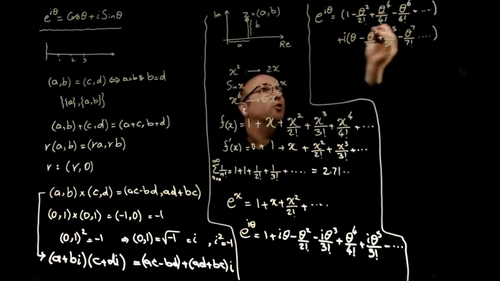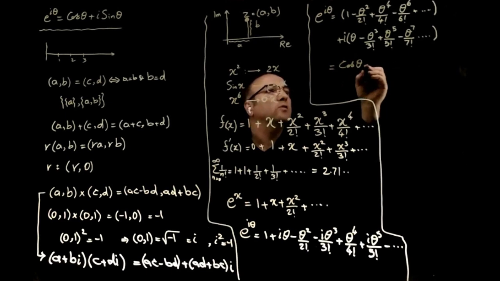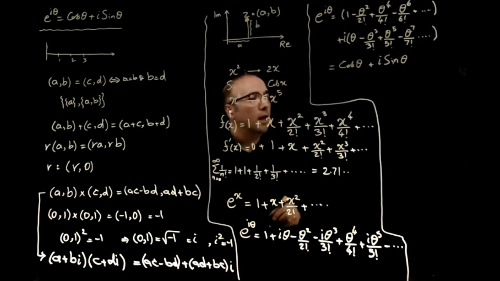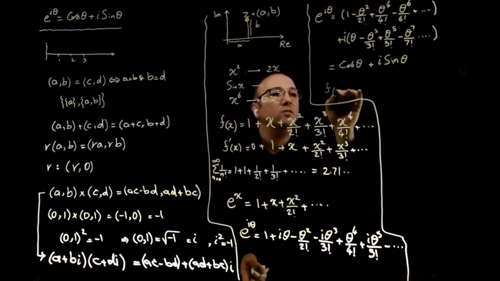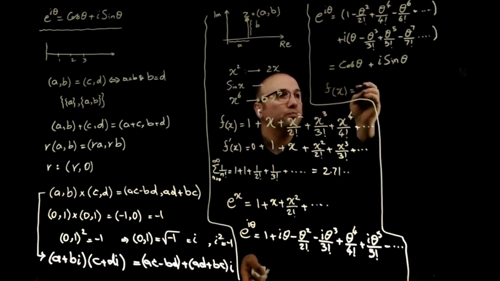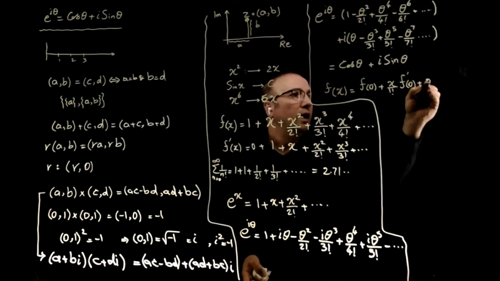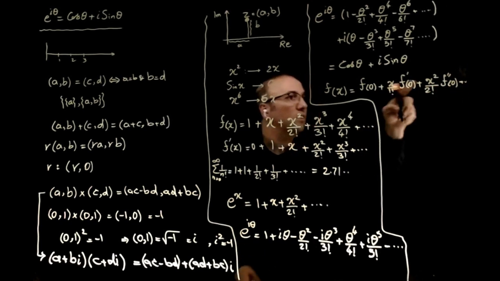This is the Taylor series for cosine theta, the first. And this is the Taylor series for sine theta. And by the way, if you forgot the Taylor series, I can write f of x at any x as f of 0 plus x over 1 factorial f prime evaluated at 0 plus x to the power of 2 over 2 factorial f double prime evaluated at 0 plus all the other terms, x cubed.